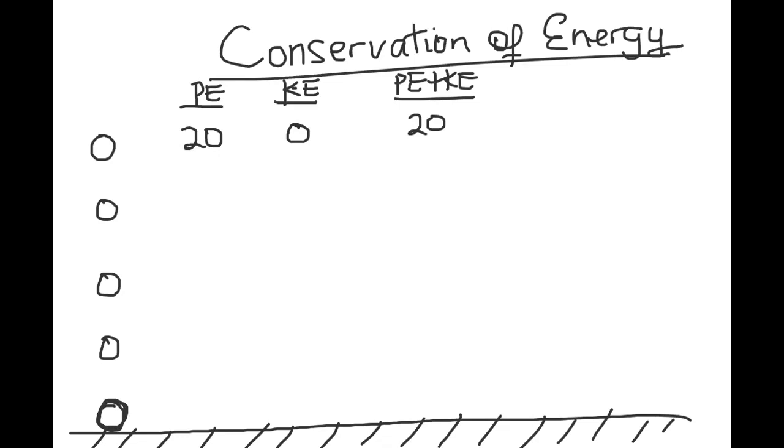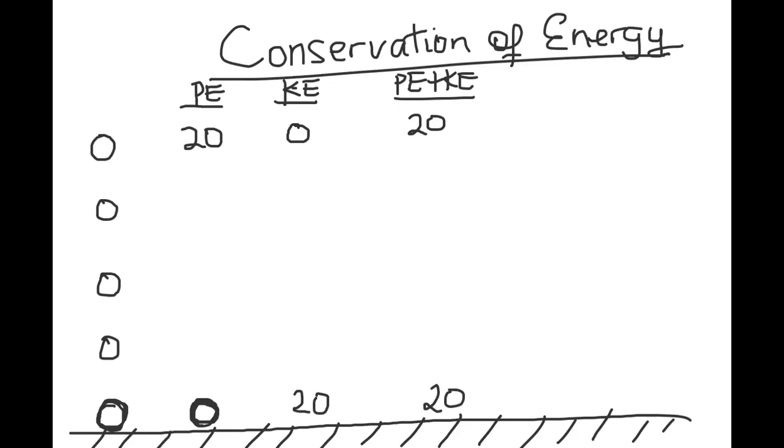And the kinetic energy has to be, you can try to think about it, what? Since you have lost all the potential energy, the kinetic energy has to be 20. So 20, so that the total is 20 here.